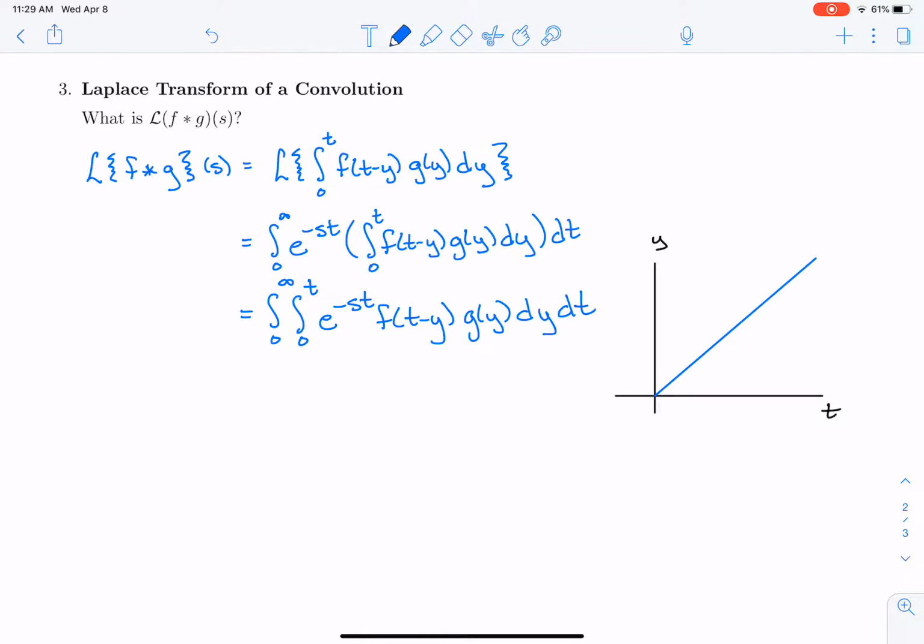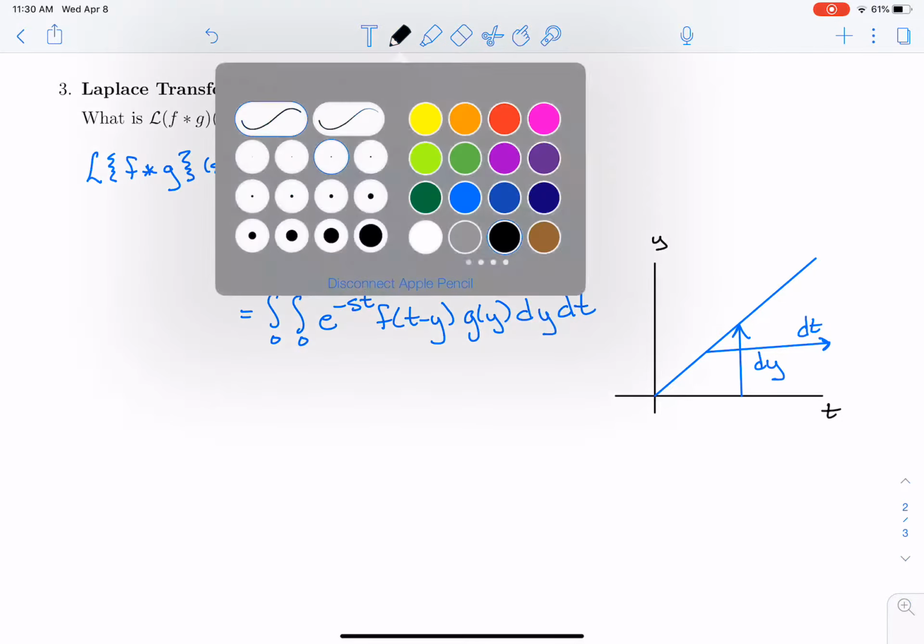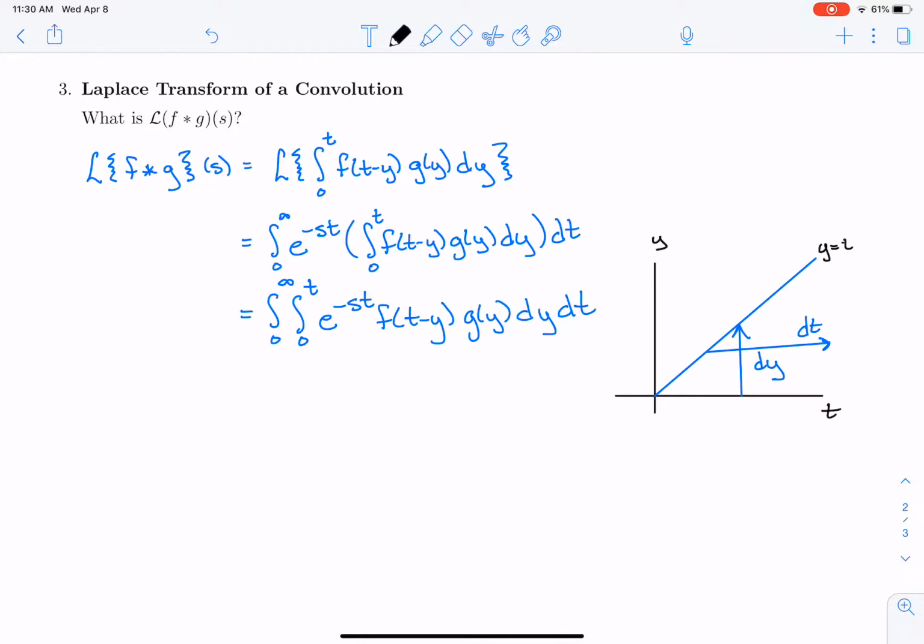So y starts at 0 and goes to t. So that is dy. And then dt is going from 0 to infinity. So in the t direction, things are going this way from 0 to infinity. Of course, what we have here is the line y equals t.